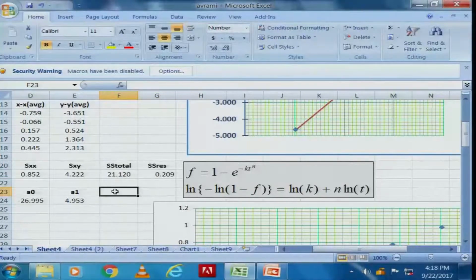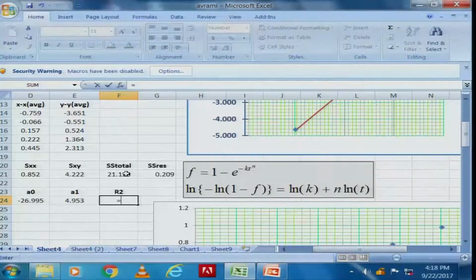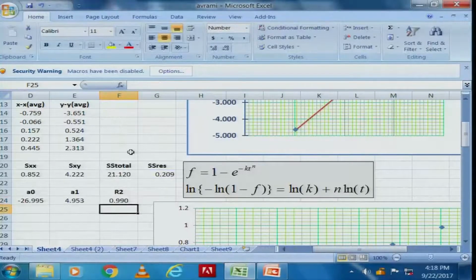Next, let me get the value of R square, the goodness of fit for this particular set of data. This we have already seen: R square is equal to 1 minus SS residual divided by SS total. So, we simply put this relationship, 1 minus SS residual divided by SS total, and I get a value of R square as 0.99.